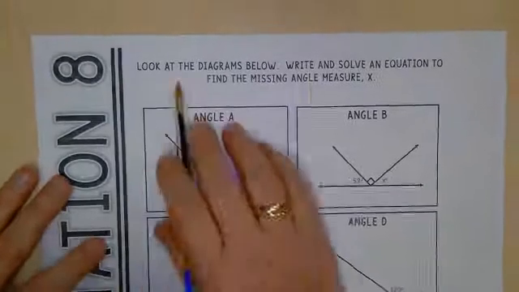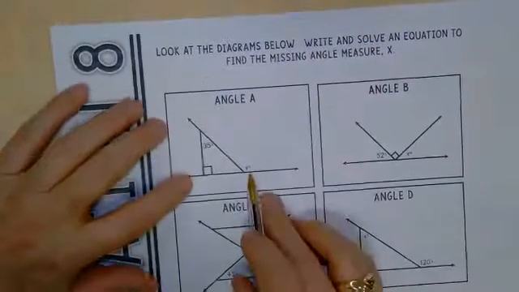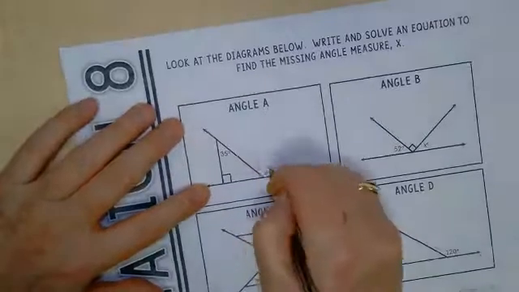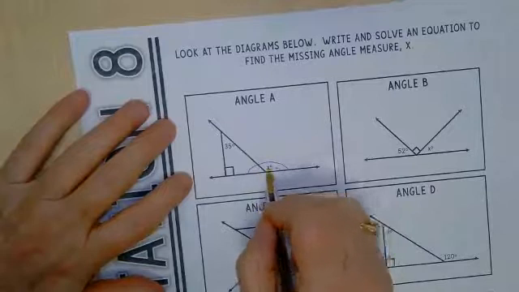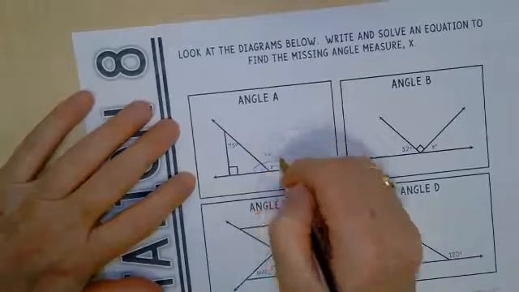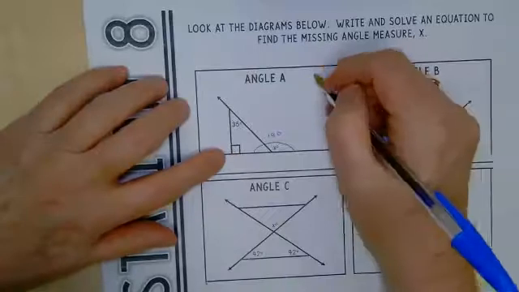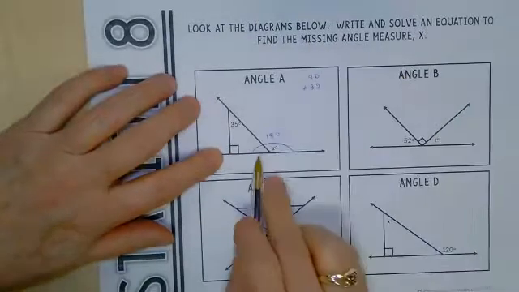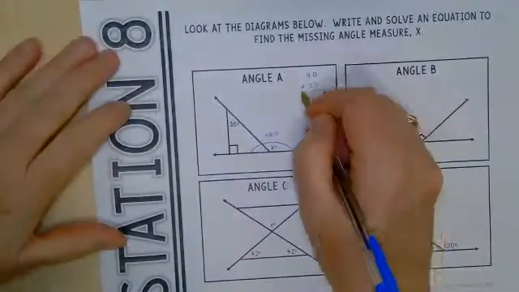And then we're here. Look at the diagrams below. Write and solve an equation to find the missing angle. So we know that this angle right here, if I count these two sides, it has to add up to 180, right? I also know that 90 plus 35 plus whatever that is equals 180. So I'm going to add these two up first.